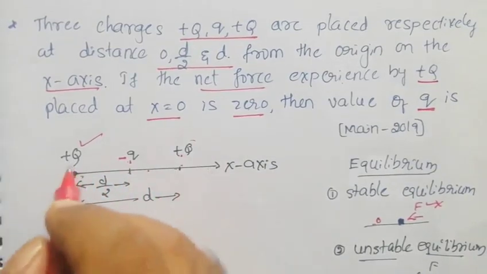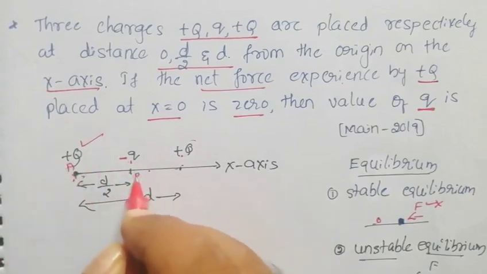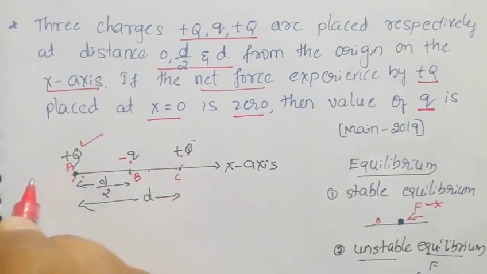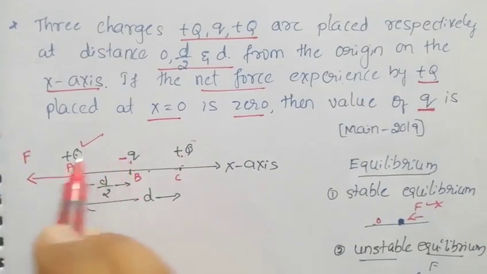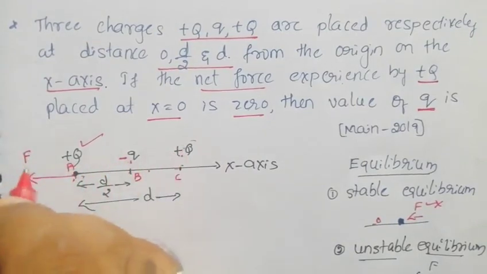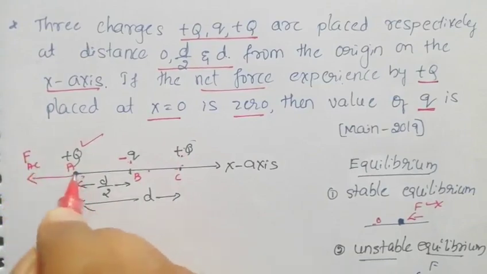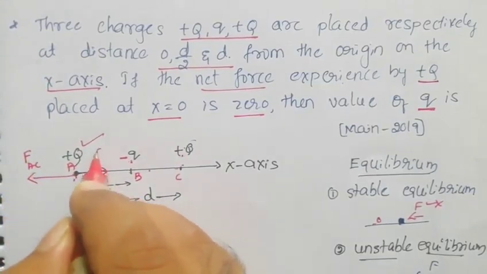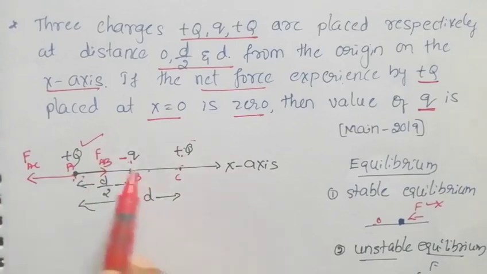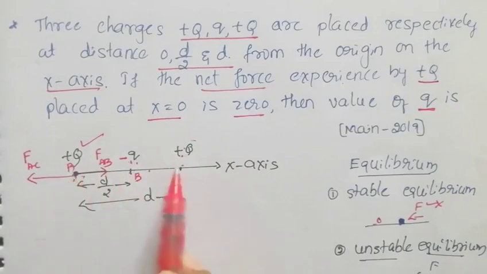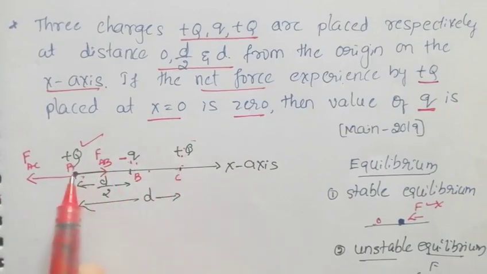Let me name them A, B, C. The force of repulsion F between A and C must be equal to the force of attraction F between A and B. Then only it will acquire equilibrium.